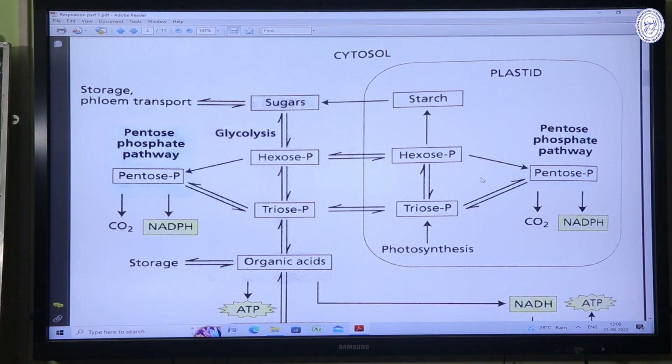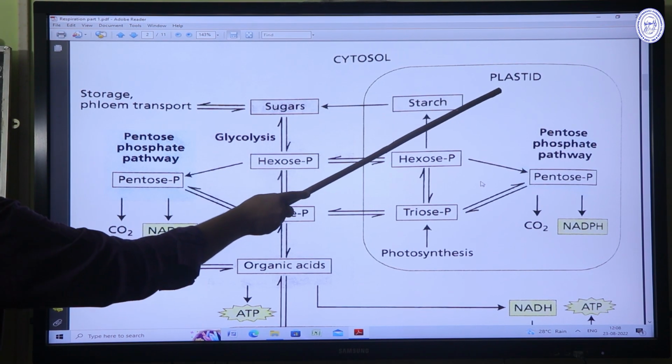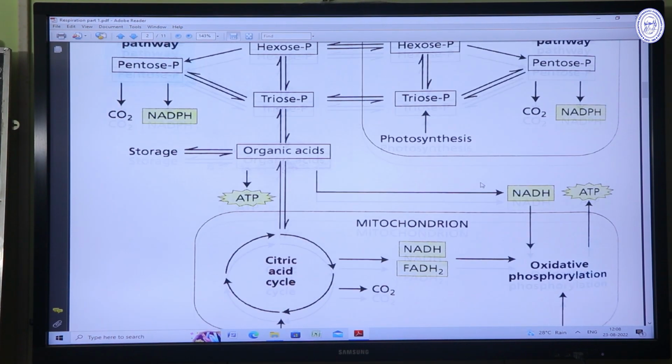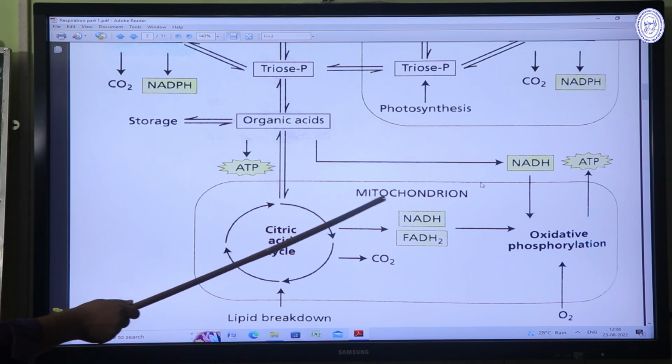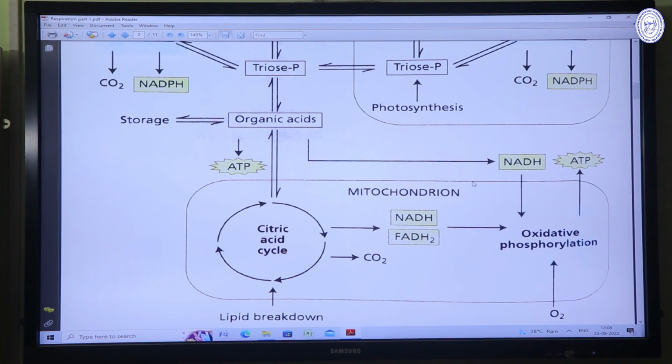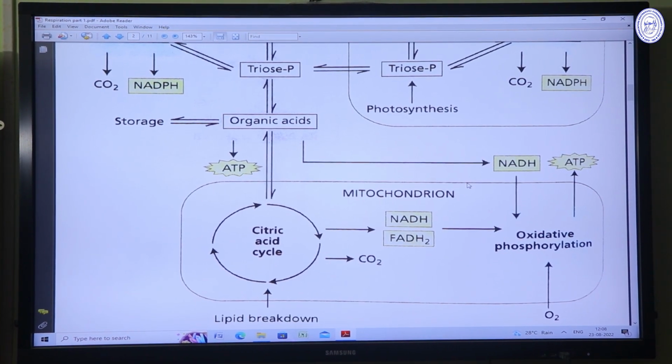These are the three cellular organelles where respiration takes place.